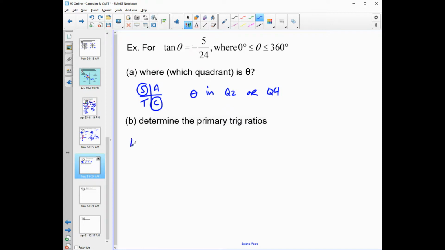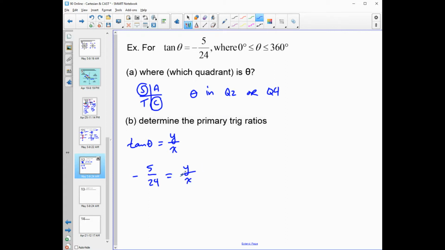Now, don't forget the definition, which is that tan theta is defined as y over x. Now, I've got negative 5 over 24. Hold on, I want to write that very specifically. The ratio is negative.